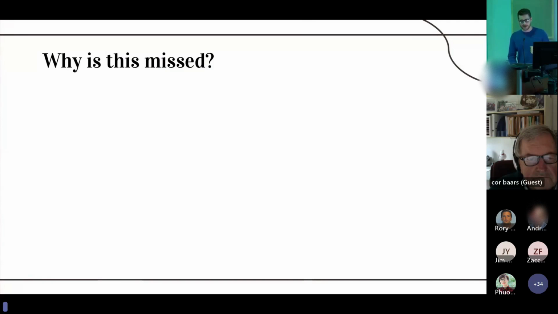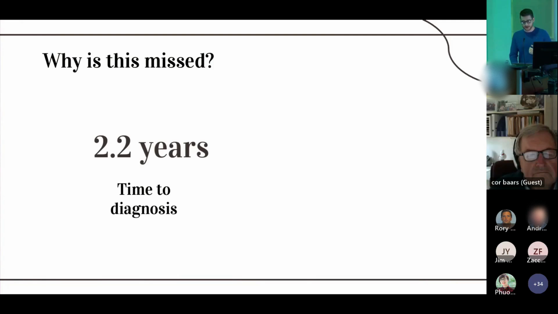So why is this missed? As previously stated, non-specific and subtle early features that overlap with other neurologic conditions can delay diagnosis. A retrospective study of medical records of 42 patients in Israel who underwent surgery for degenerative cervical myelopathy noted an average delay of 2.2 years from initiation of symptoms to achieving a diagnosis.